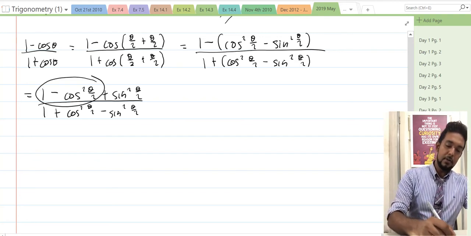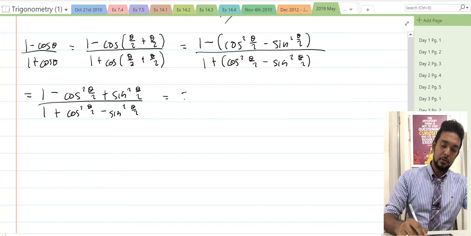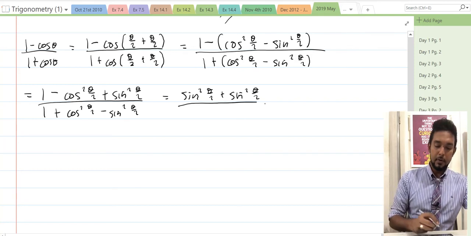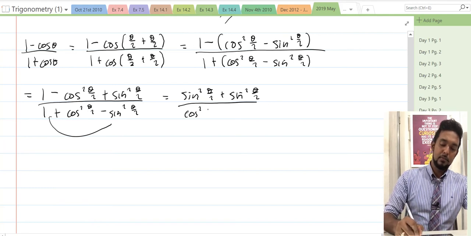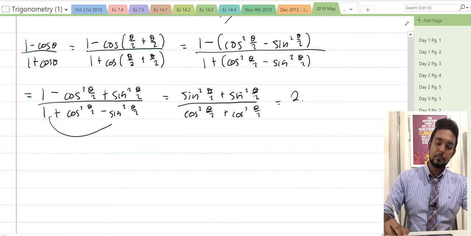Now, what's 1 minus cos squared? Sine squared. So sine squared theta over 2 plus sine squared theta over 2, all over, what's 1 minus sine squared? You'll see where we're going now. What's sine squared plus sine squared?